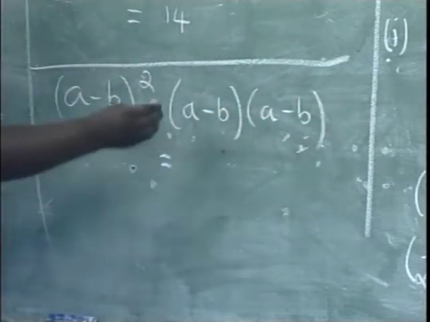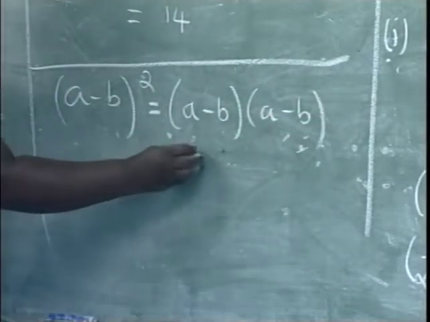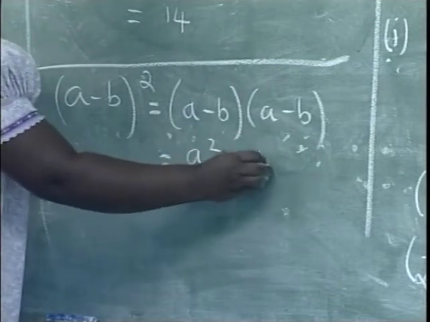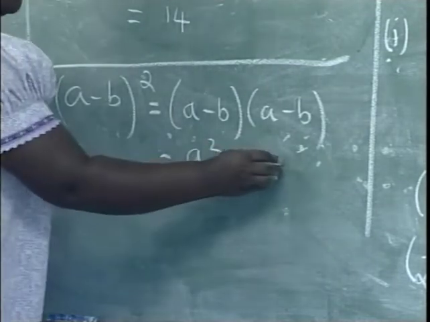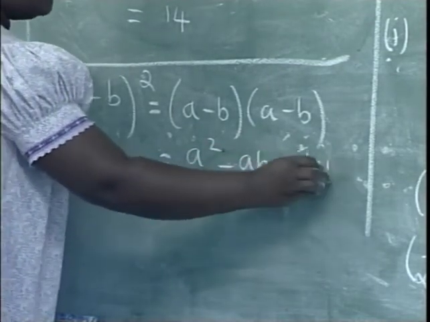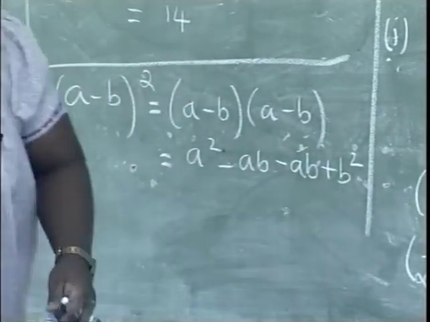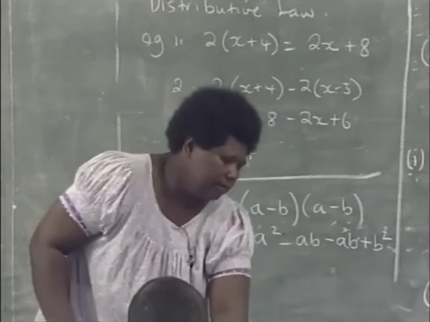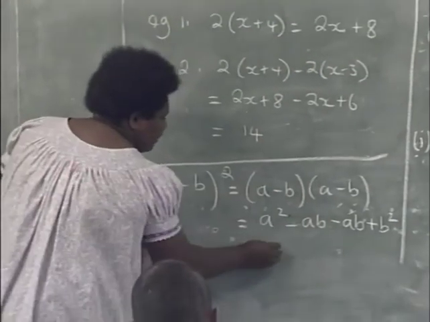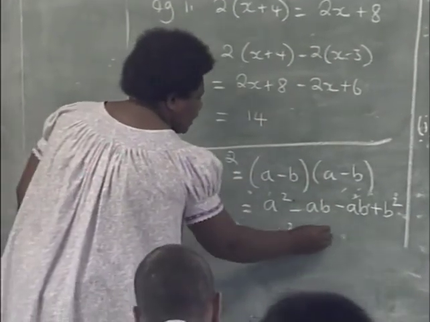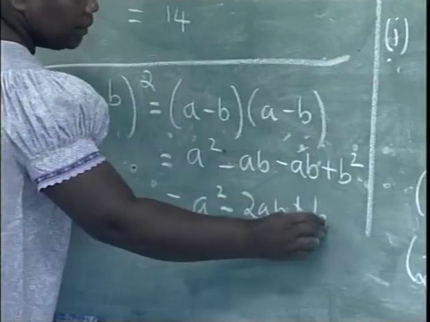And when you square that, you will get a squared, minus ab, and another minus ab, and then plus b squared. Okay, just like what we did here. And then when we simplify, we get a squared minus 2ab plus b squared.